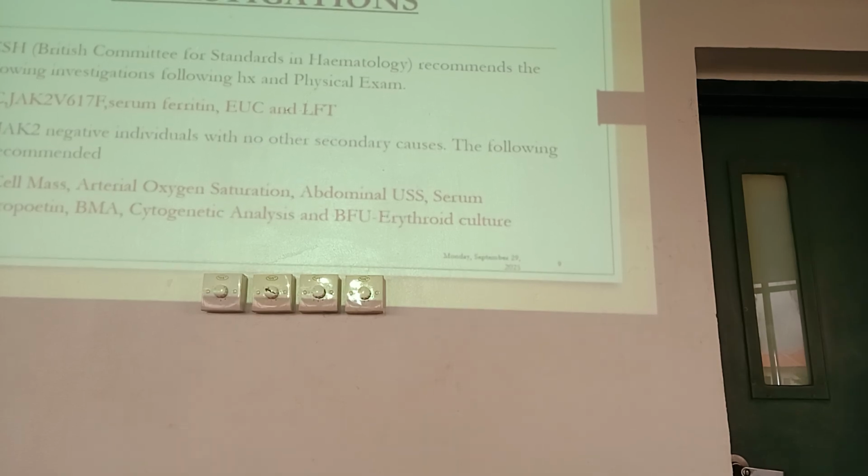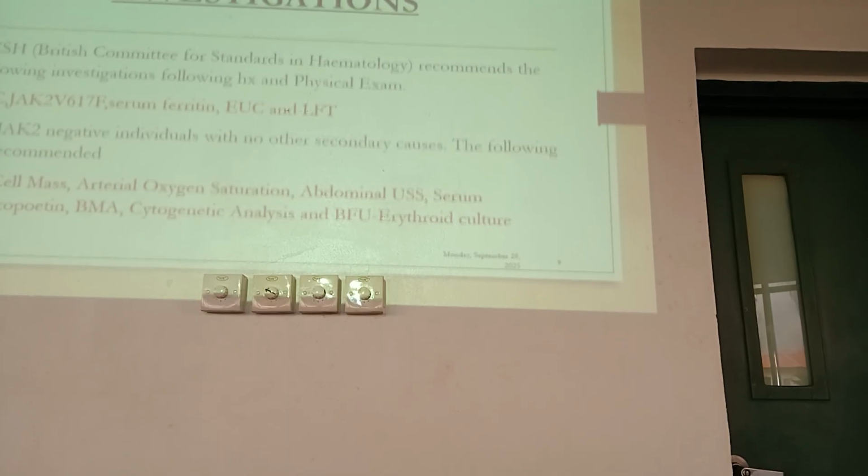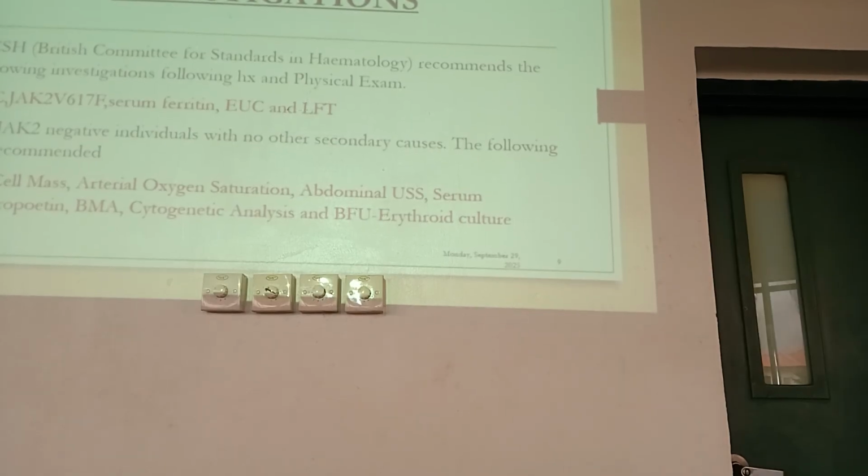But we still have JAK2 is not seen in 100% of even those with polycythemia rubra vera. It's only 95% of cases that you have JAK2, but it does not rule out polycythemia rubra vera. So we have criteria. These are the tests we do.